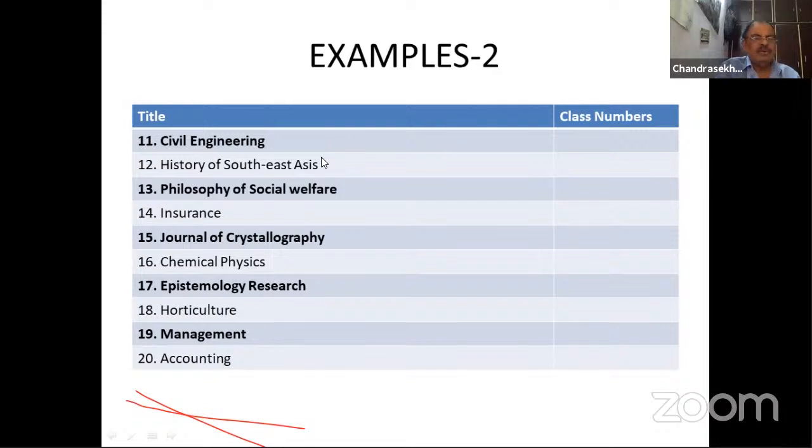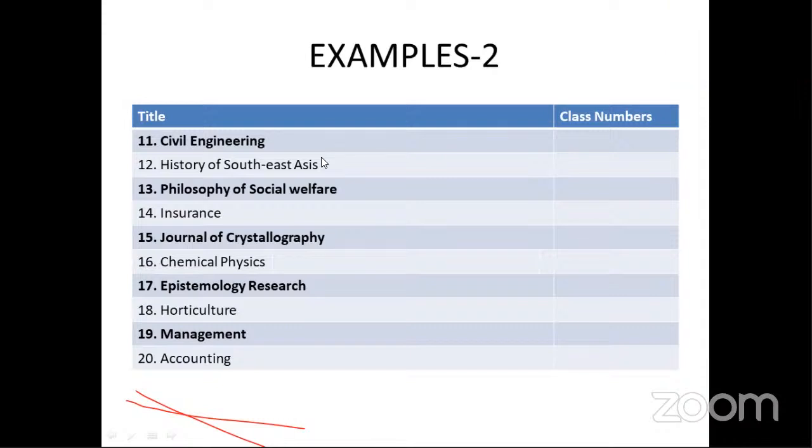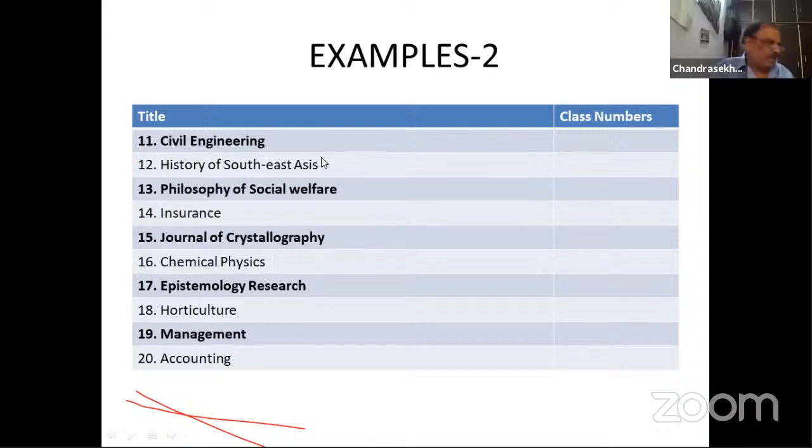So 361.001 is the correct number. Then you will get 5 out of 5 marks. Otherwise, if you don't put the extra 0, they will cut a fraction of the mark.